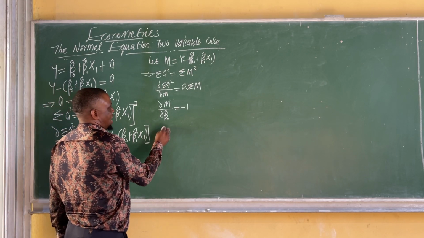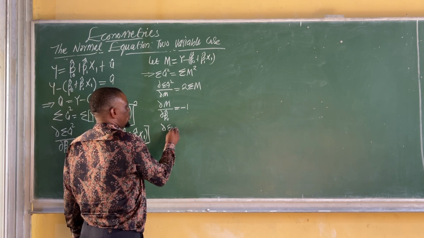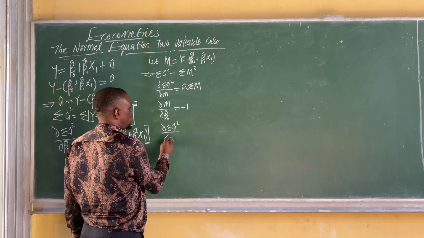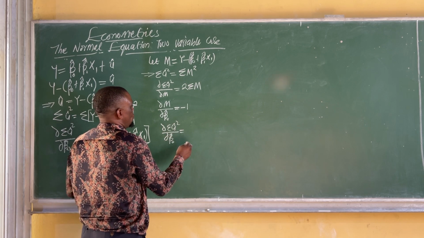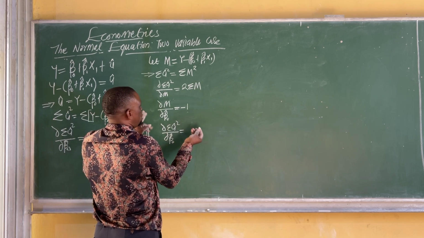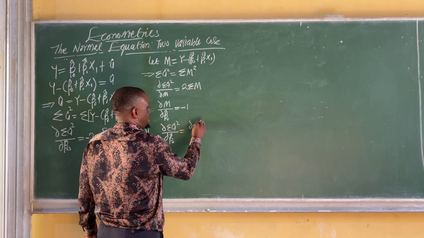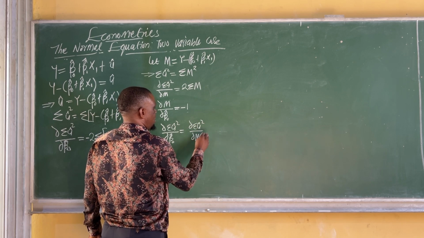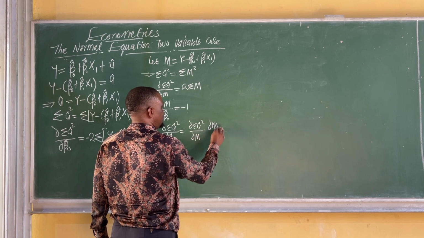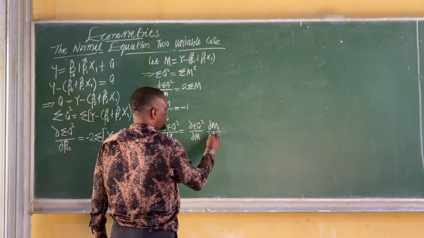So that our partial differentiation of the sum of square residual with respect to beta 0 hat is equal to, now the formula is the differentiation with respect to m times the m with respect to the beta hat 0.